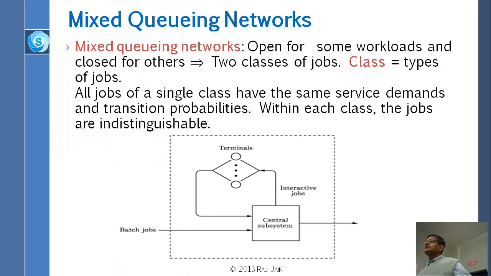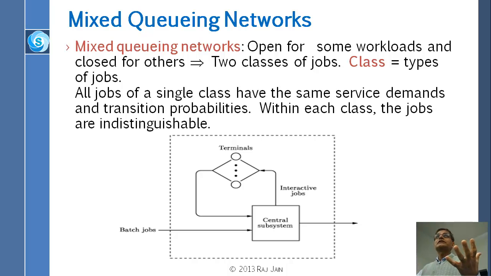There could be hybrid systems too. Hybrid are systems in which there are multiple classes of jobs. For some classes of jobs, the system is open. For some, it is closed. So for example, interactive systems. You might have a thin client on the desk, and so there are 15 people who are working on a single computer.